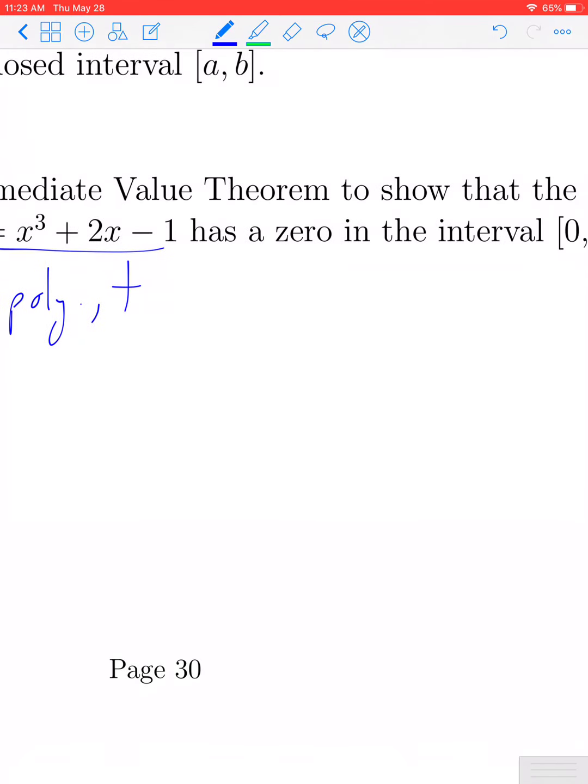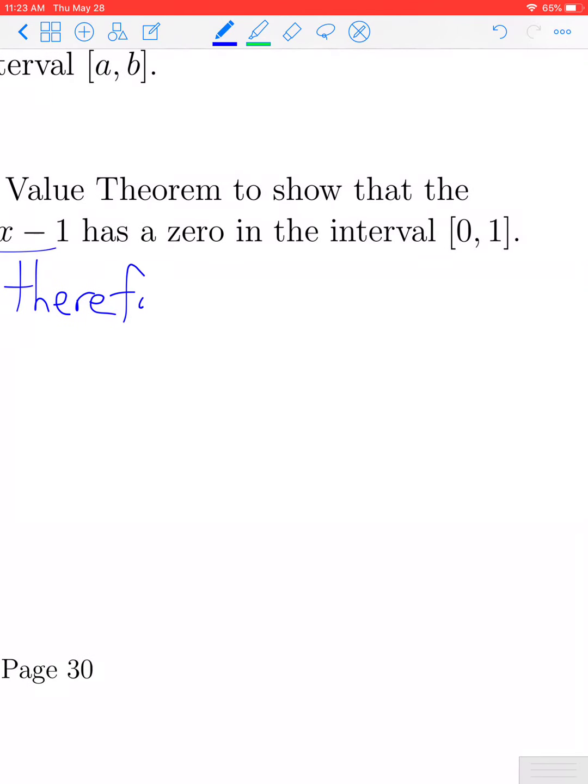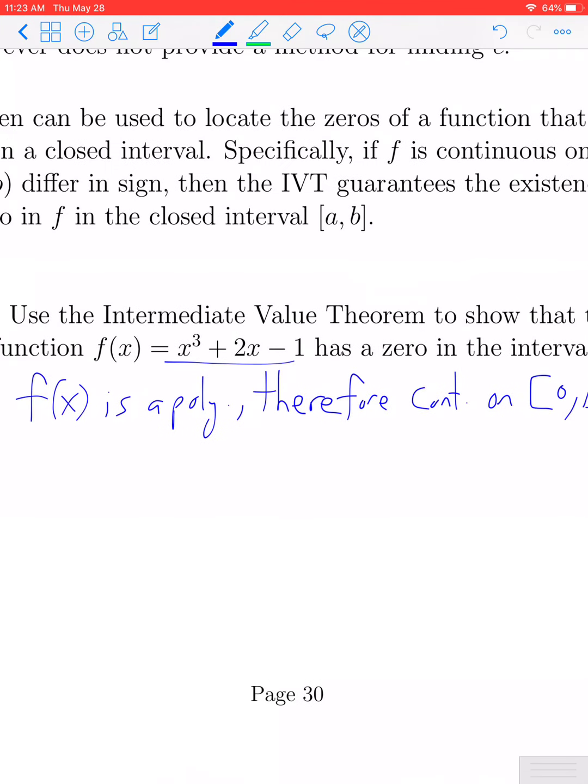Therefore, it'll be continuous on this closed interval. So because we have a polynomial, we know it's continuous, and therefore it's continuous on 0 to 1. And that means that the IVT will apply here. So it's not just a matter of them telling us to use it. We actually know that we're able to use it because this function is continuous on the closed interval.